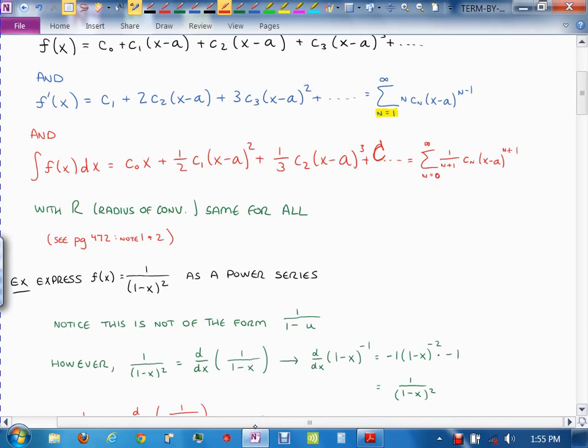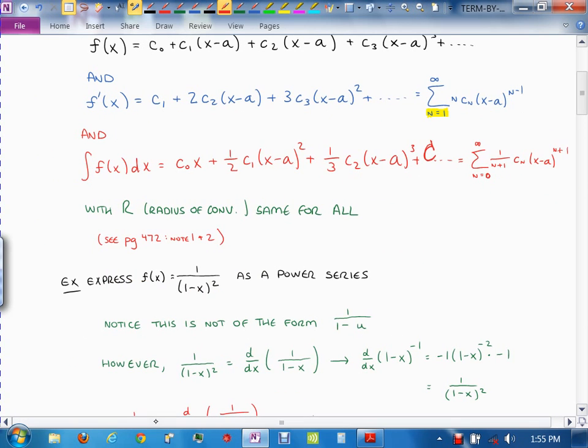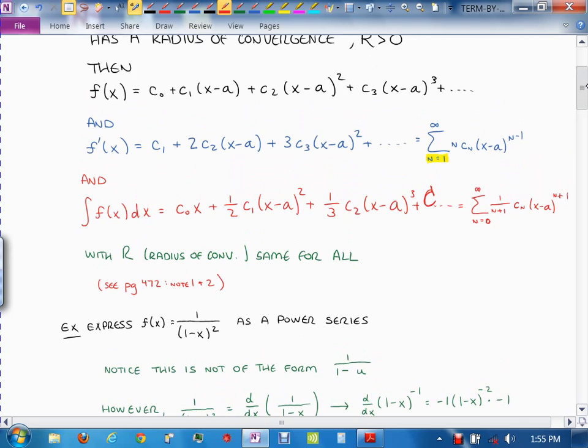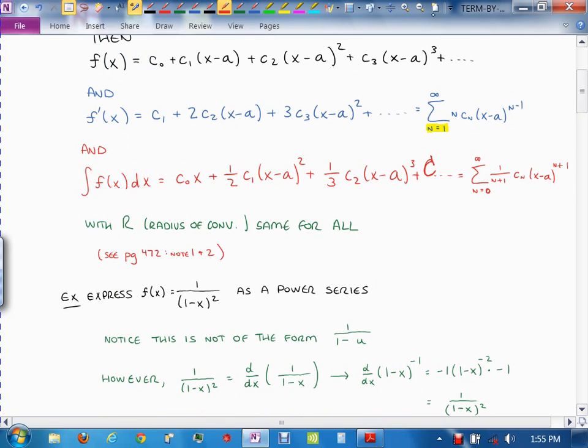Now let's see just how important this is. All right, let's go to a new page. So same instructions as earlier.